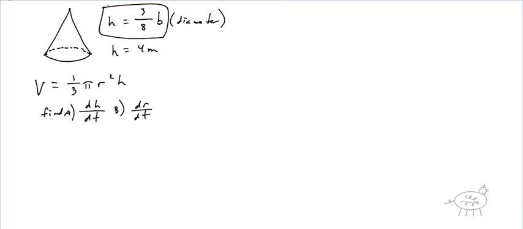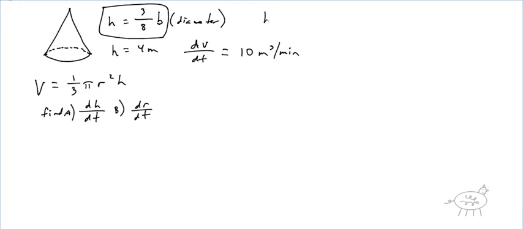In fact, we're given dv dt, right? It tells you right in the beginning of the problem it's falling at a rate of 10 cubic meters per minute. And I don't have enough information to have both the r and the h, so obviously that's the reason they give you h is equal to 3/8 of the base diameter, so you can come up with some relation between the height and the radius.